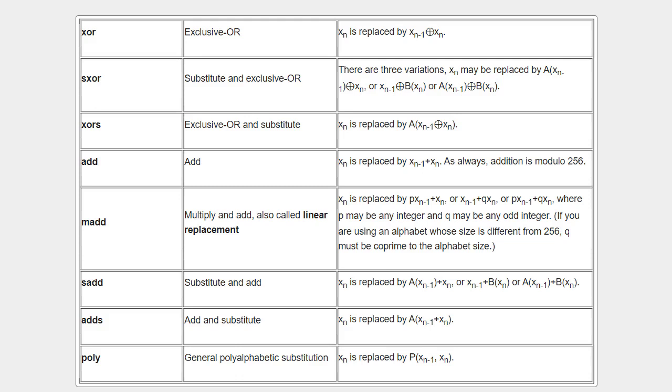A partial list follows. Here, A, B, and C are simple substitution ciphers, and P is a general polyalphabetic cipher. A of X, B of X, and C of X represent the character X enciphered with A, B, and C respectively, and P of KX represents the character X enciphered with P using the key K to select the row in the tableau.